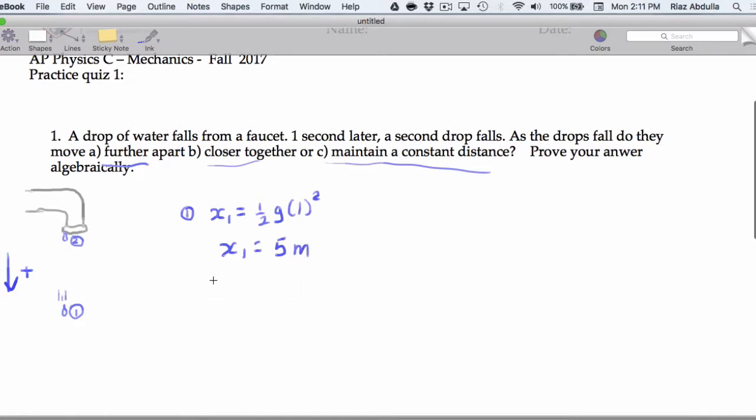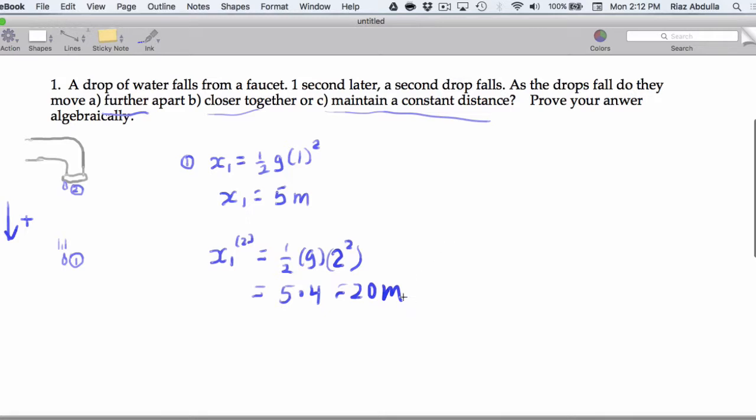Now let's look at drop 1 after 2 seconds. So x1 after 2 seconds is going to end up being 1/2 times g times 2 squared. That's going to end up giving us 5 times 4, which is 20 meters.